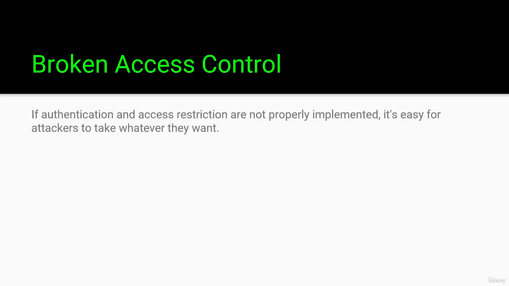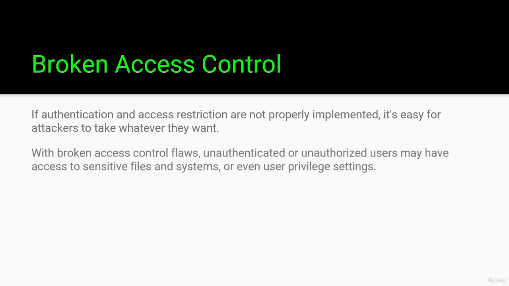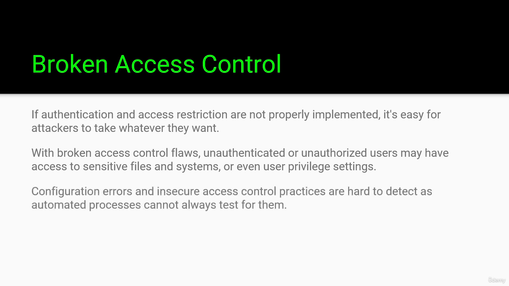Broken access control. If authentication and access restriction are not properly implemented, it is easy for attackers to take whatever they want. With broken access control flaws, unauthenticated or unauthorized users may have access to sensitive files and systems, or even user privilege settings. Configuration errors and insecure access control practices are hard to detect as automated processes cannot always test for them.